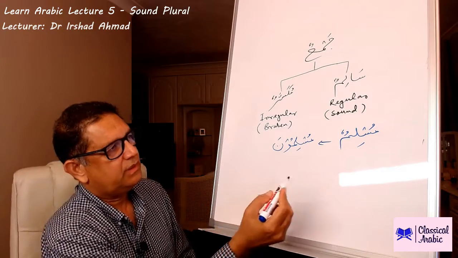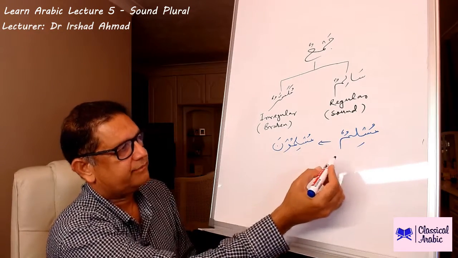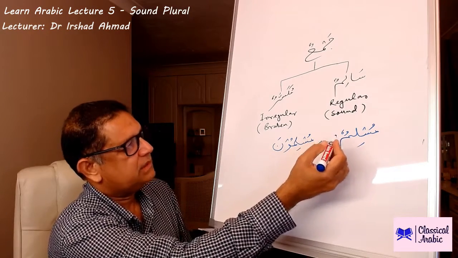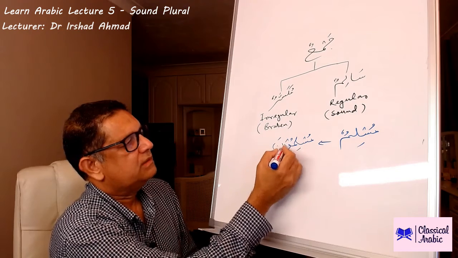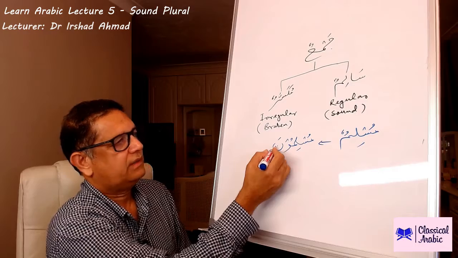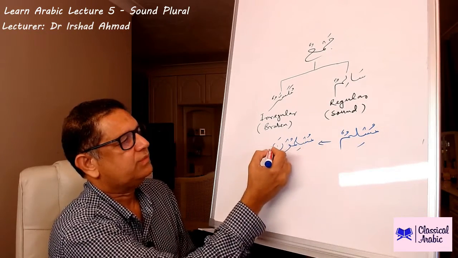In the first step, we remove tanween from the last letter and give it dhamma, a single dhamma, and then we add waw and noon. So waw takes sukoon and noon takes fatha. So it becomes from muslimun to muslimuna.